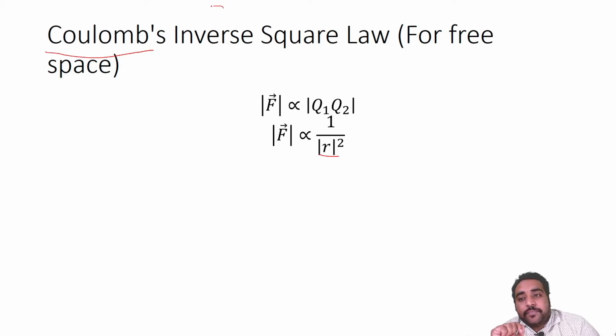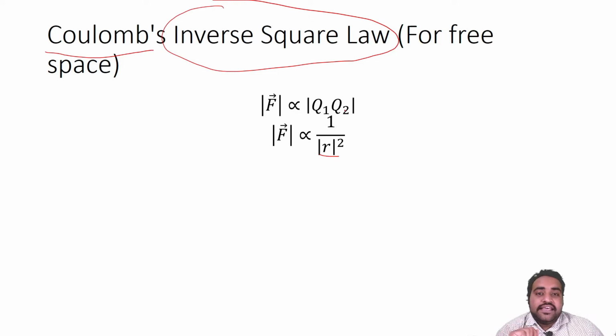Thereby, the name inverse square law. This inverse square law, you might remember, is not just applicable for the electric force, but there are many forces which follow this inverse square law. Now, the direction of the force is AR cap, where AR cap is along the line joining those charges.